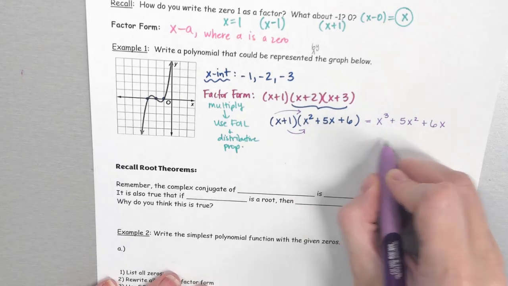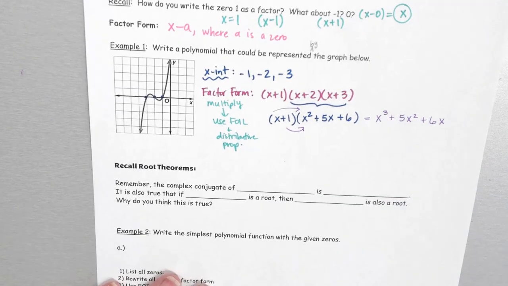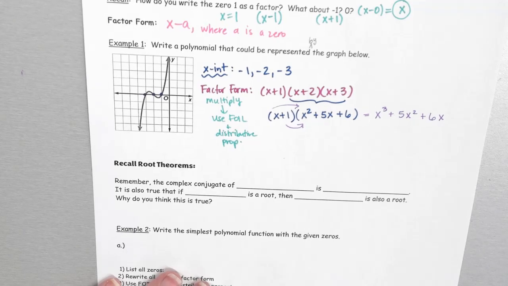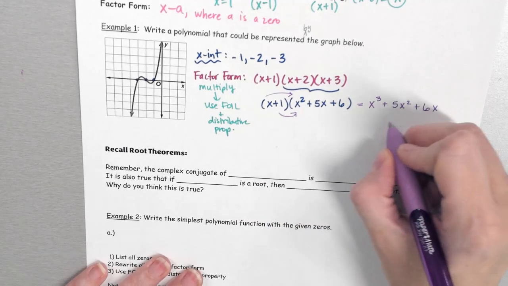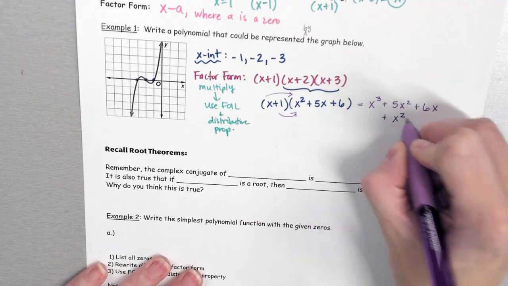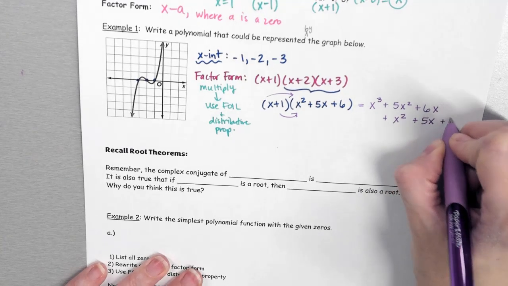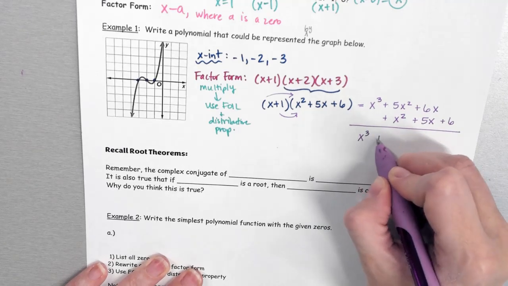When you guys distribute the 1, can you line up your like terms so that we can add straight down? Don't wait for me to do it. I want you to do it. Okay, so 1 times x squared is x squared. 1 times 5x is 5x. And 1 times 6 is 6. So then we're going to add straight down.